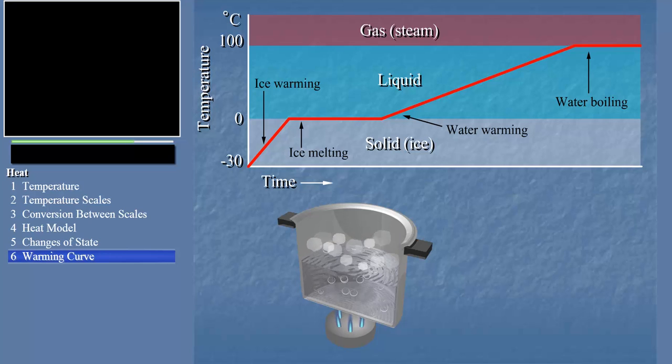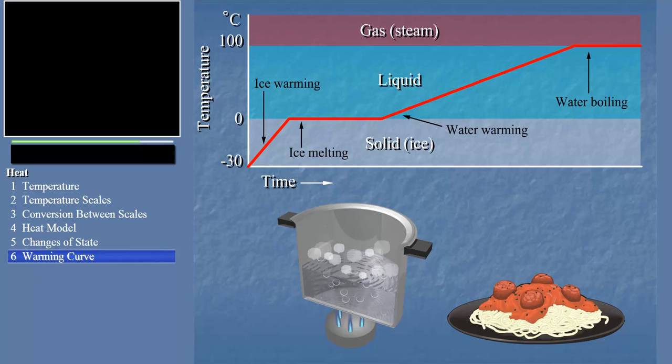Now just for interest, let me ask what impact these concepts have on the boiling of pasta. Well, one lesson to be learned is that once your pasta water is boiling, it's going to stay at the same temperature as the pasta cooks. What if you were in a hurry and wanted your pasta to cook faster?